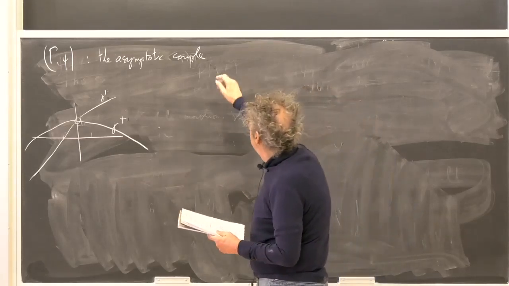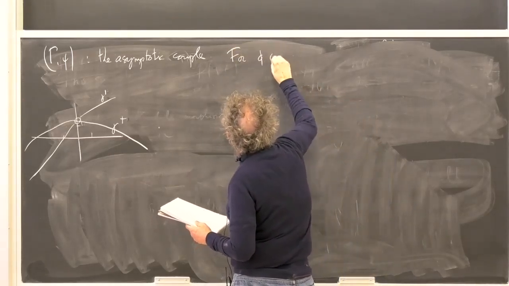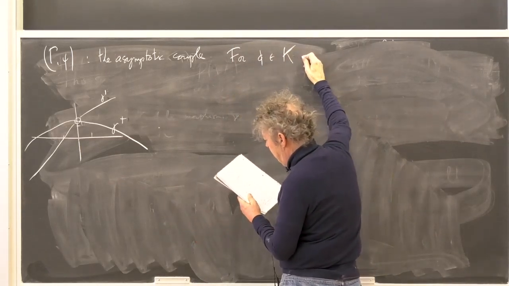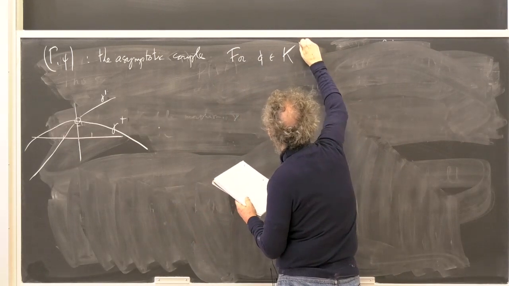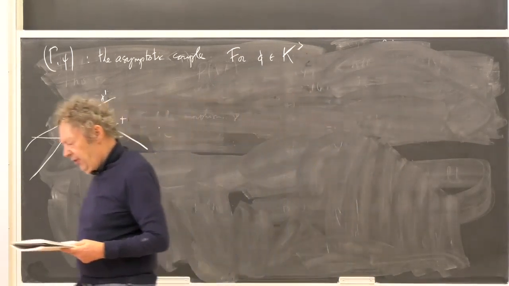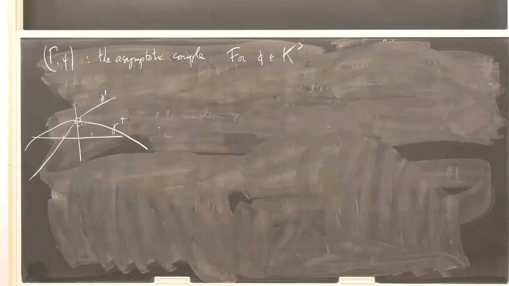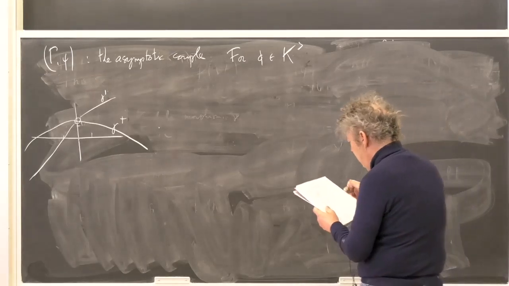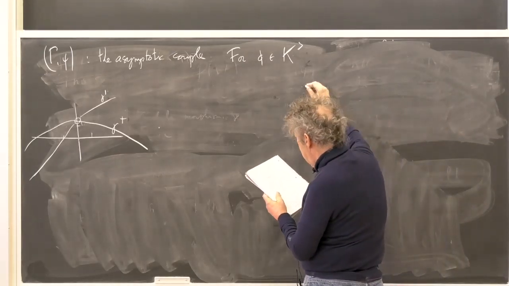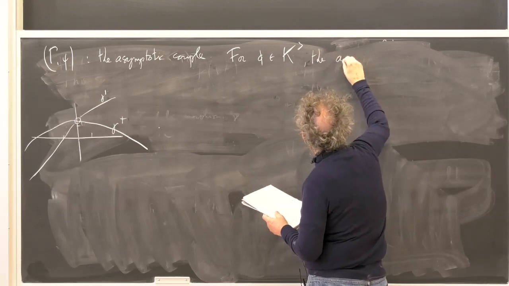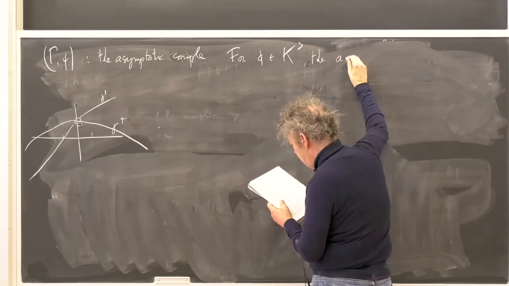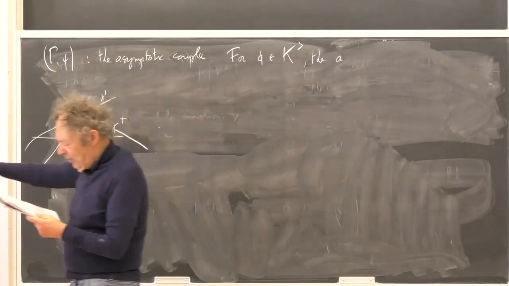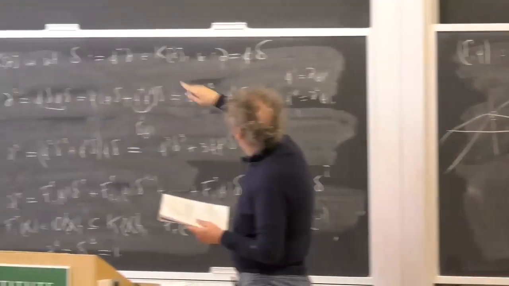Right. Now, what happens for phi in K? Because I'm talking about H fields, it is better to restrict my attention to positive elements phi. I see now in my notes, I did not impose H3.